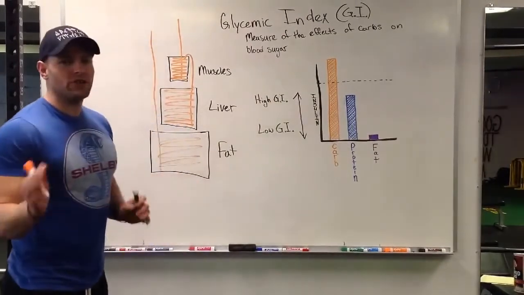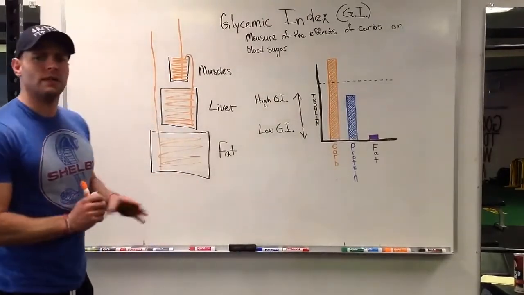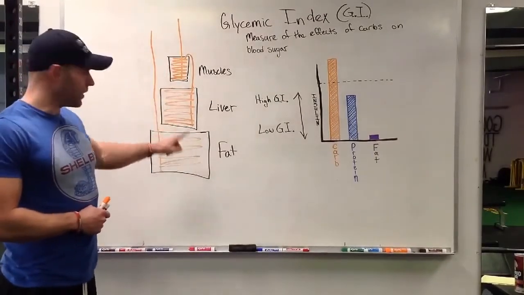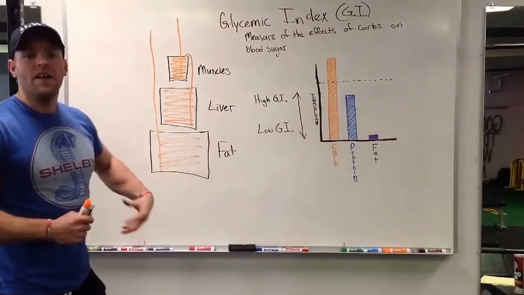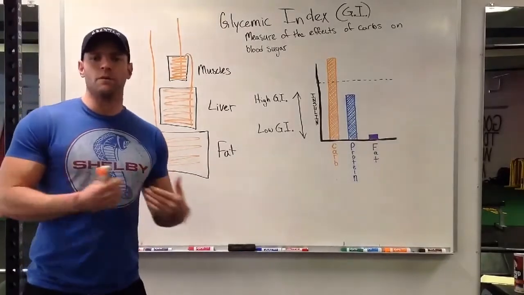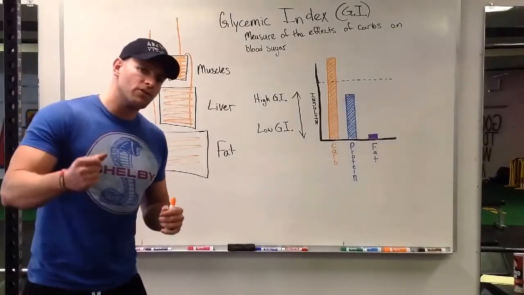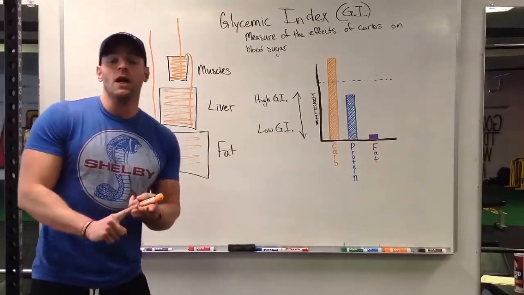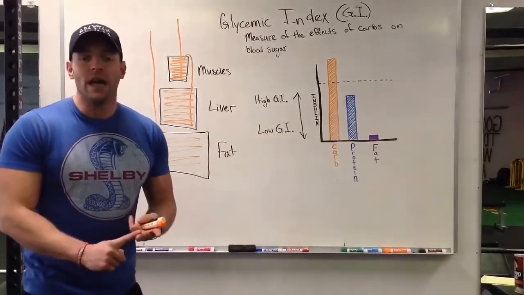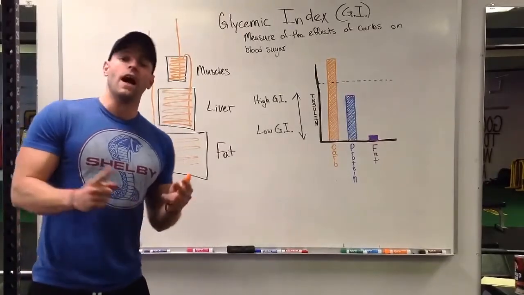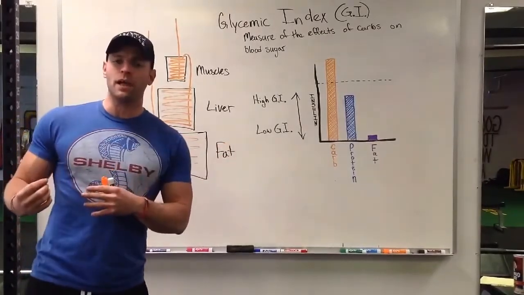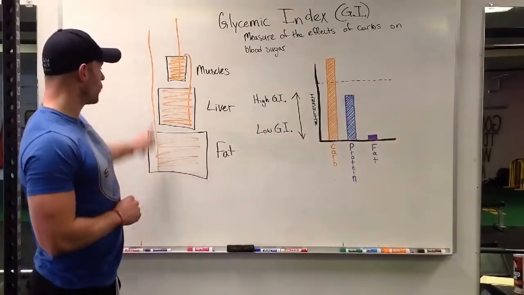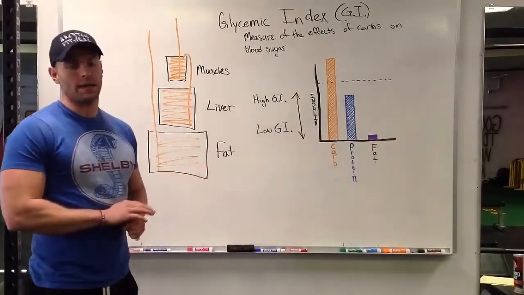So that is the danger, and that's why all foods aren't created equally. Some foods are going to bypass checking the muscle, checking the liver, and go right to be stored as fat because they require so much insulin to be removed from the blood, and it happens so fast that the body doesn't have time to check the muscles and check the liver. The blood gets to a toxic level at such a rapid rate that all it cares about is getting that sugar out of the blood the best and fastest way it knows how, and that is to just go right into storage of fat on the body.